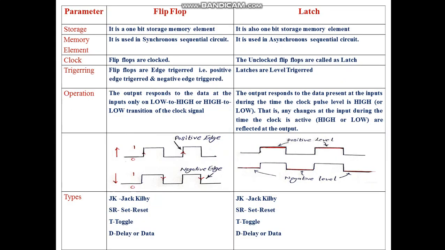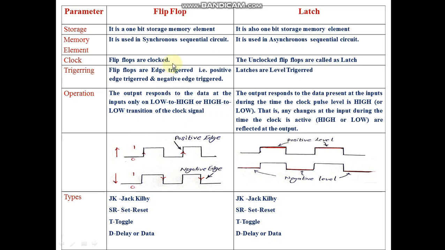Now here you can see the basic difference between the flip-flop and latches. Flip-flops and latches, as I already told you, work as a memory element. These are 1-bit storage devices. Flip-flops are basically used in synchronous sequential circuits, while latches are basically used in asynchronous sequential circuits.